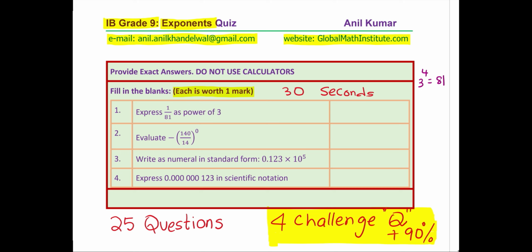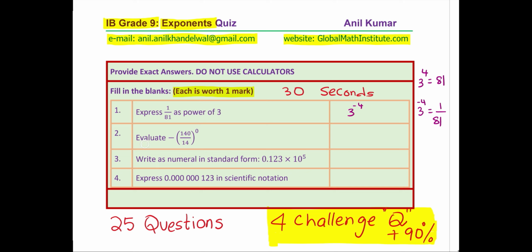Well, reciprocal means that the power is negative. Then that will be equal to 1 over 81. Does it make sense? Correct. So that is how we are going to solve this question. So express this as a power of 3 means this is 3 to the power of minus 4.